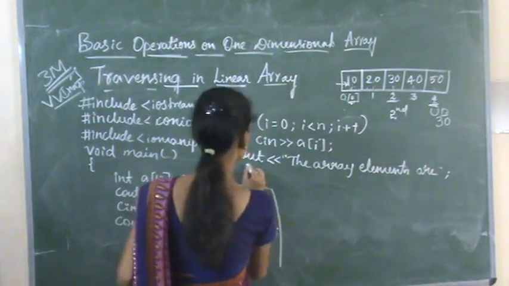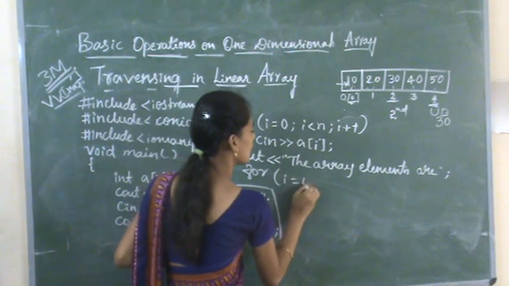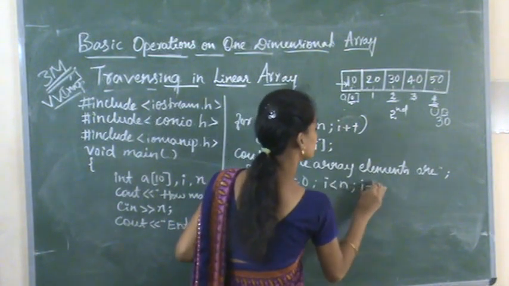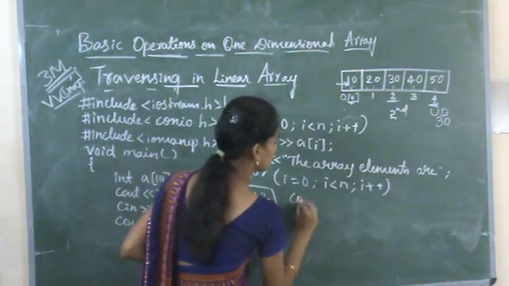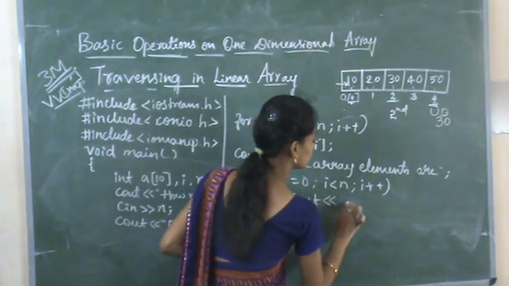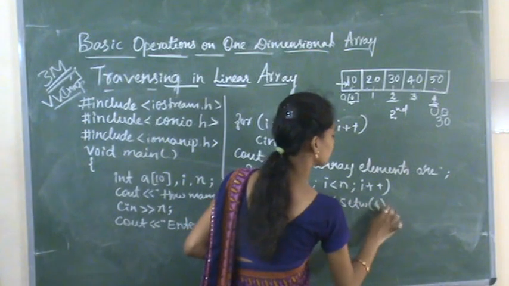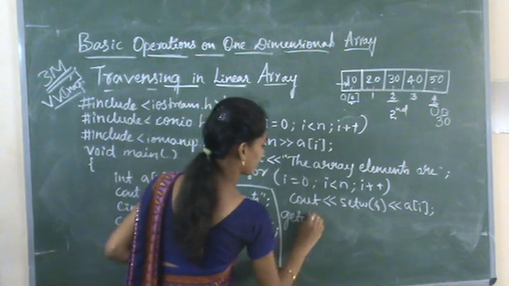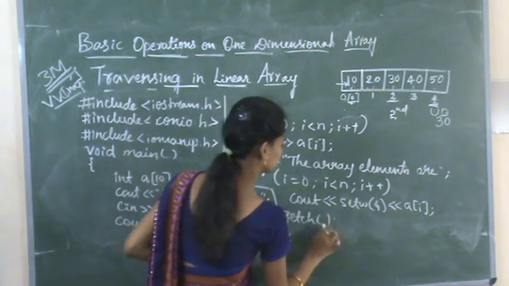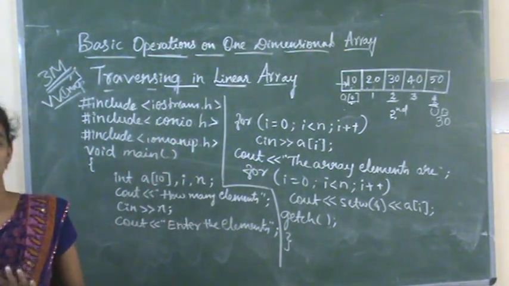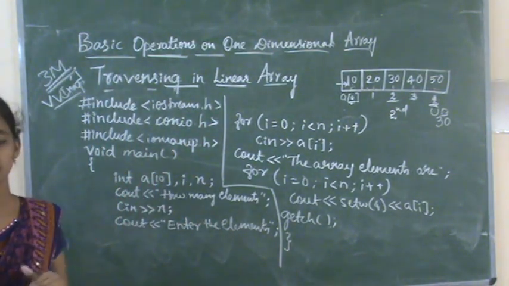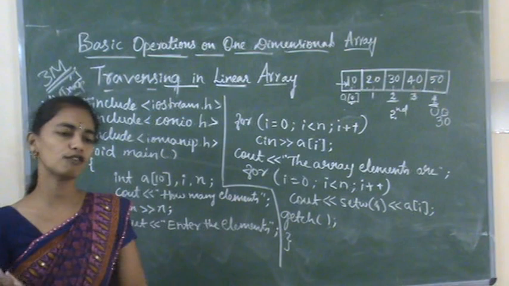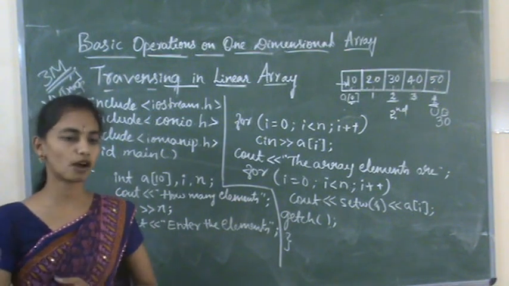So the array elements are, for I is equal to 0, I less than n, I plus plus, cout setw of 4, A of I. So this is a program for reading and writing the array elements, or inputting and outputting the elements of an array.